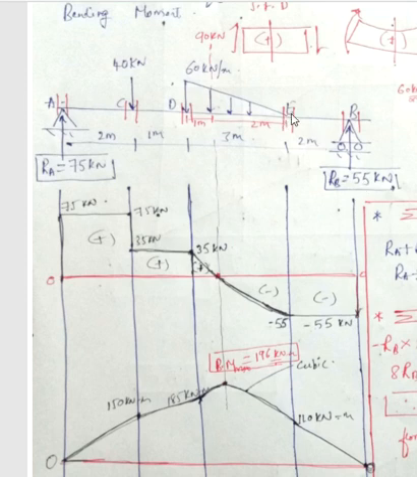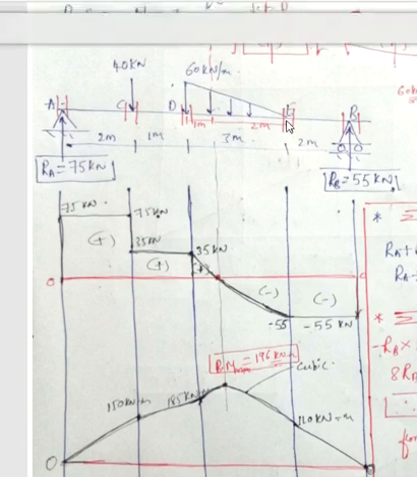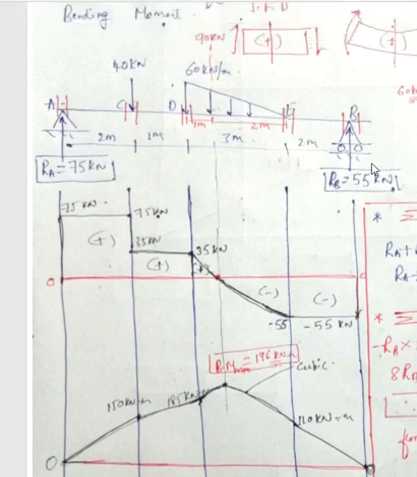Now like I said, from this point to this point there is a UVL, and for a UVL in SFD I need to draw a parabolic curve. Remember this. If I consider this section also, there is no additional force apart from this.